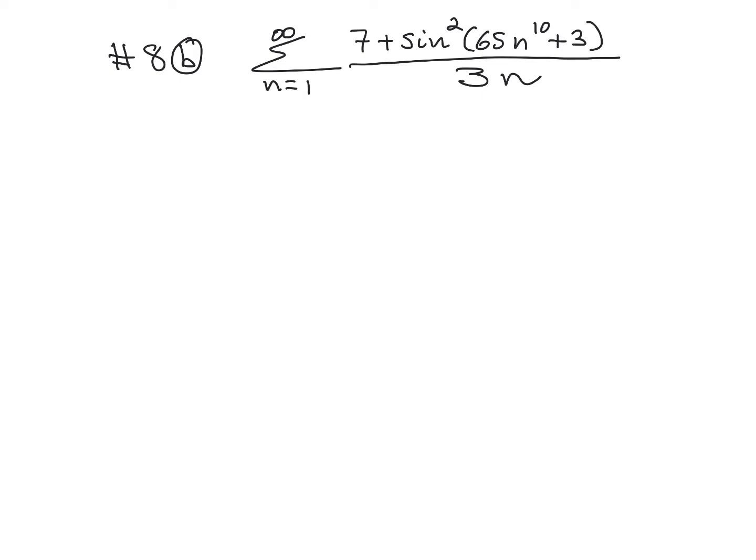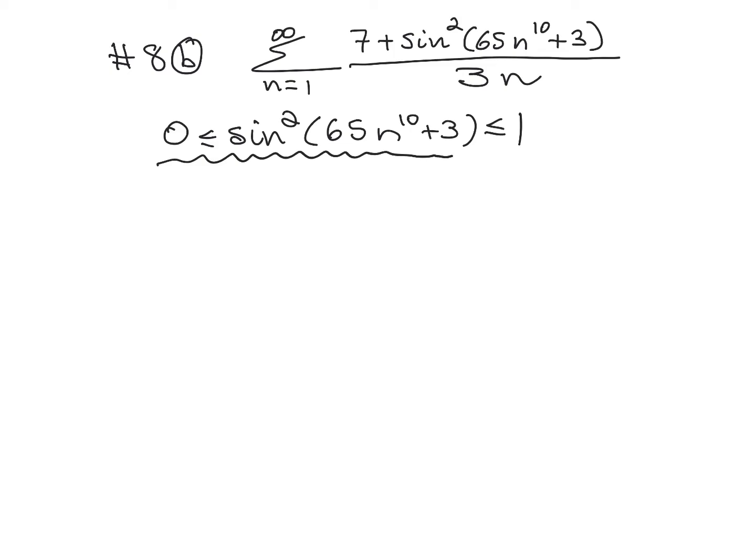So here we're going to use the other inequality of sine square. We know that sine square of anything is between 1 and 0, and here anything is 65n to the 10th plus 3.